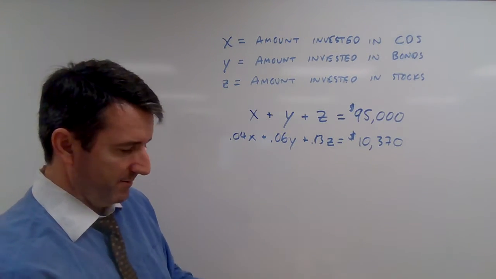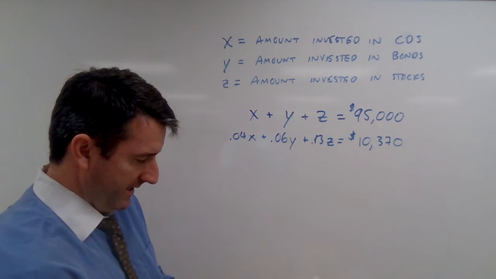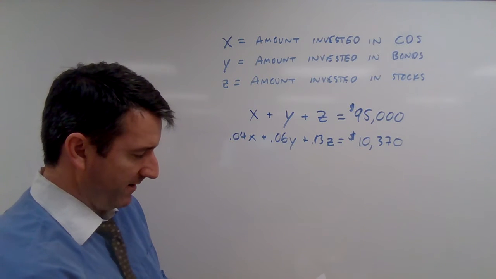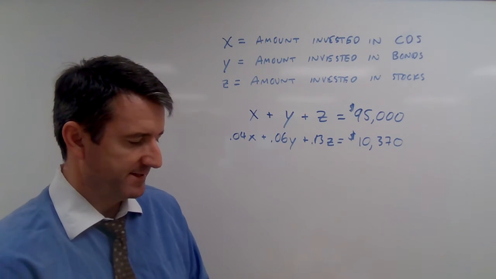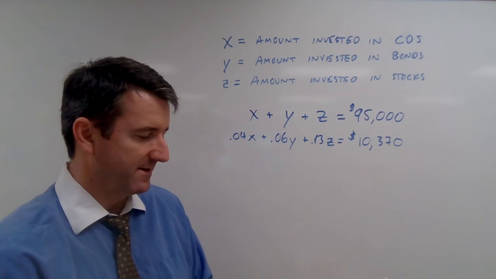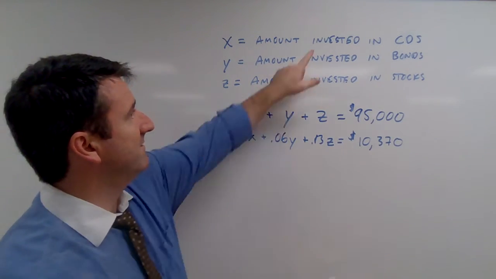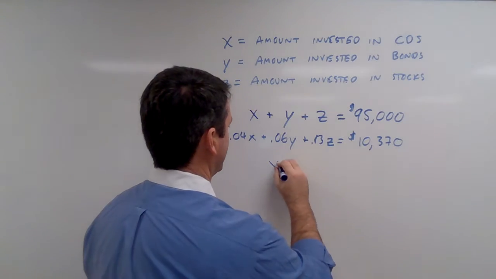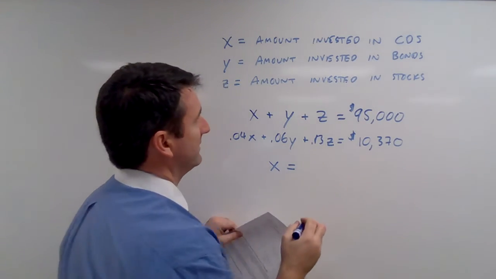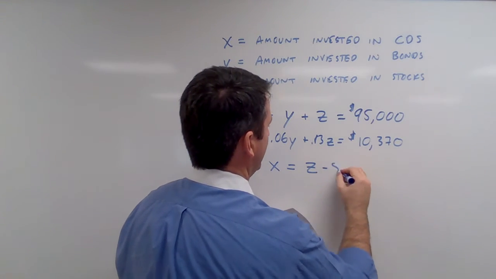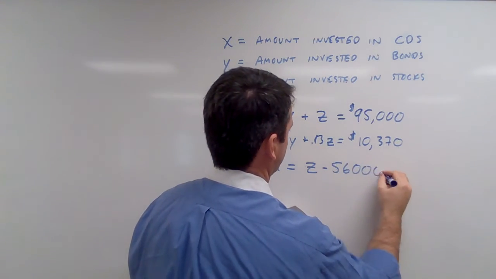All right, and then the third is going to come from the second to last sentence, where it says he invested $56,000 less in CDs than in stocks. So the amount he invested in CDs, X, is equal to the amount he invested in stocks, Z, minus $56,000.